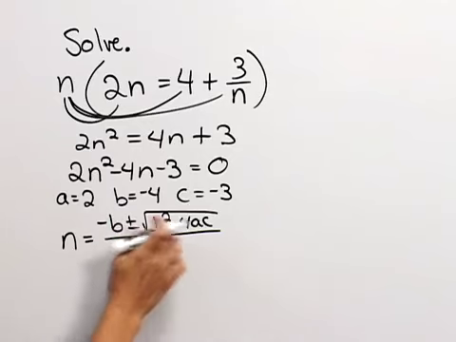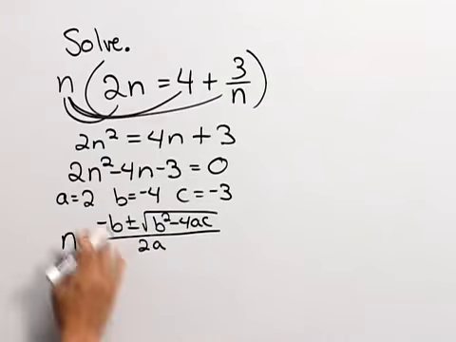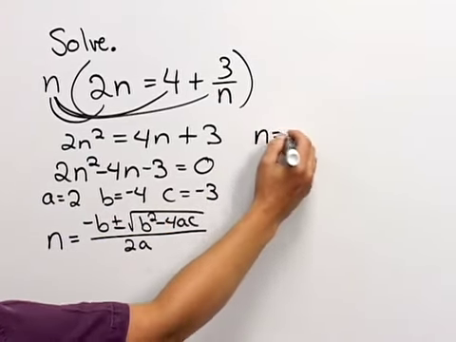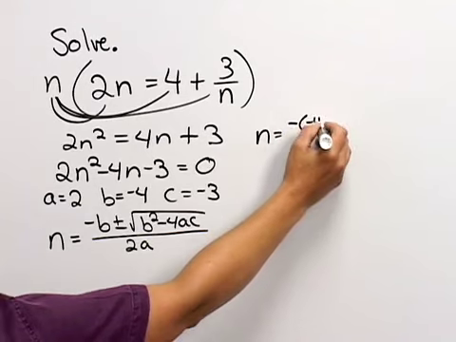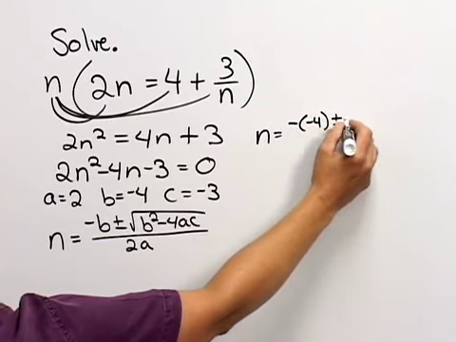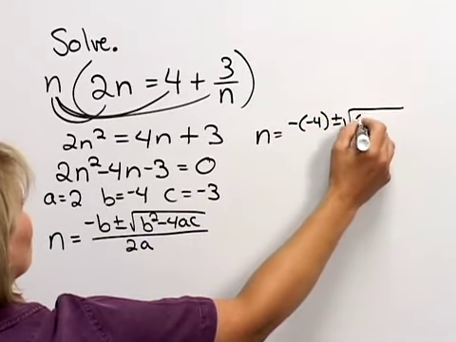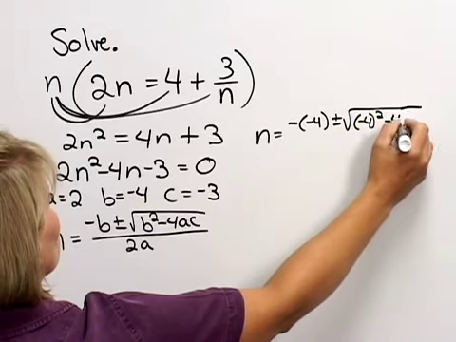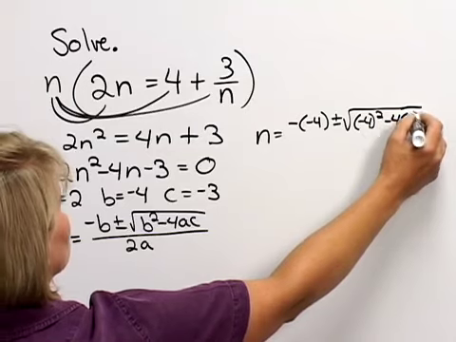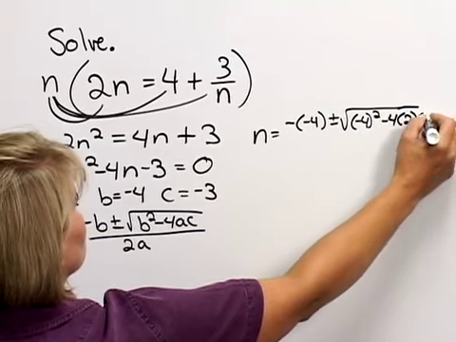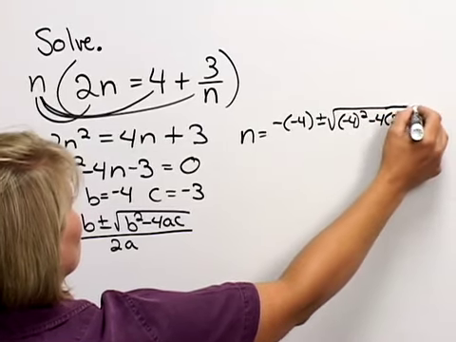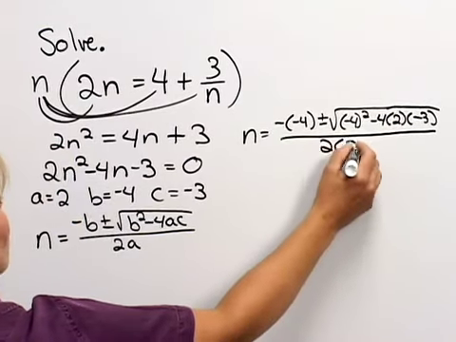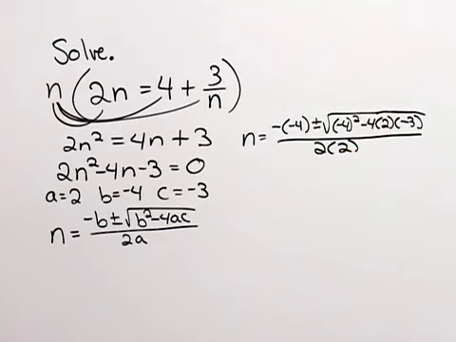If we replace the a, b, and c in this formula with these values, we end up with n equaling the opposite of negative 4 plus or minus the square root of negative 4 squared minus 4 times our a was 2 times our c, which is negative 3, all over 2 times our a, which is 2.